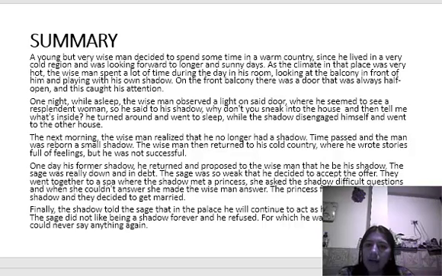The princess fell in love with the shadow and decided to get married. Finally, the shadow told the sage that in the palace he would continue to act as his shadow forever. The sage did not like being a shadow forever and he refused, so he was sent to be executed and could never say anything again.